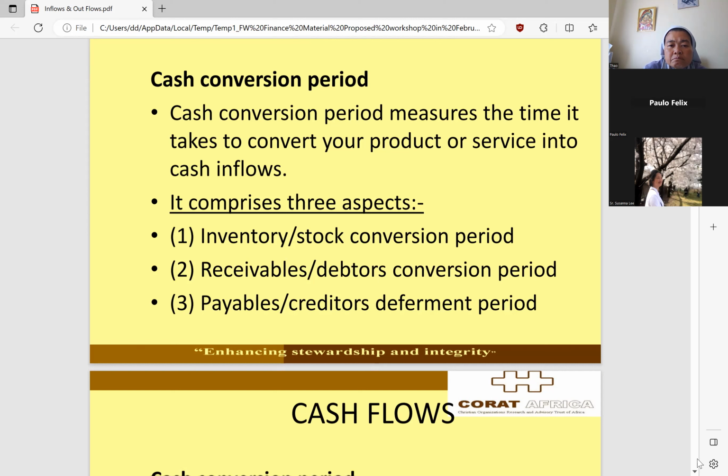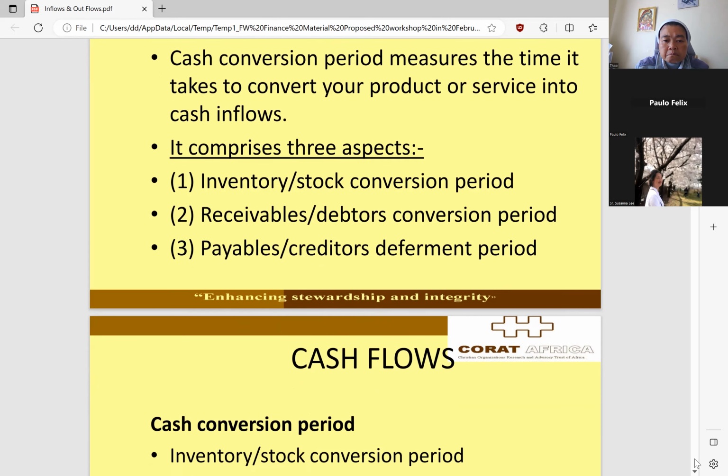Then also the receivables, debtors conversion period, to know when your debtors are paying you, and also the payables, creditors deferment period. We shall have some exercises about it.